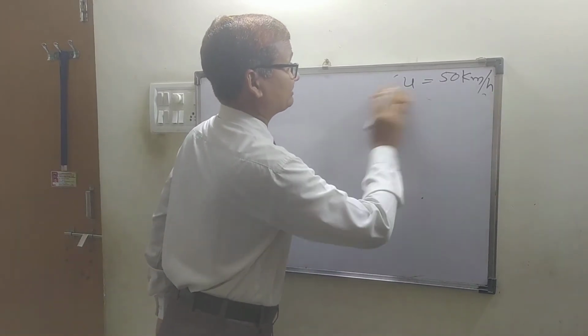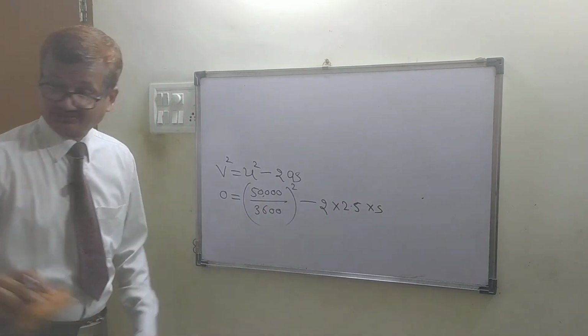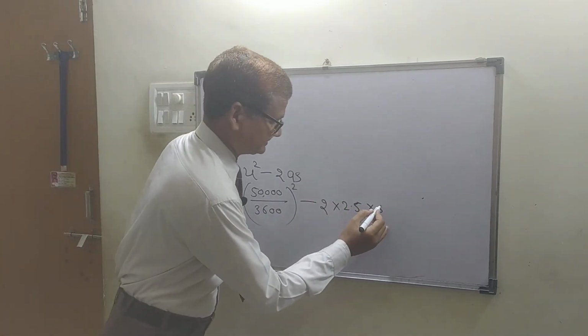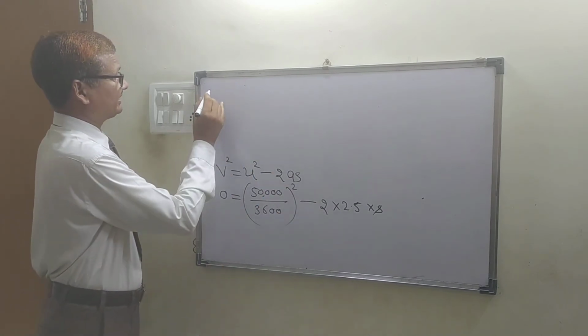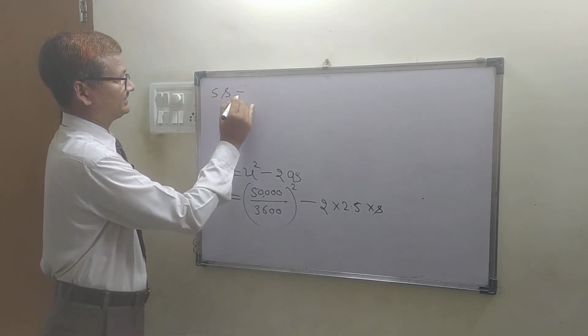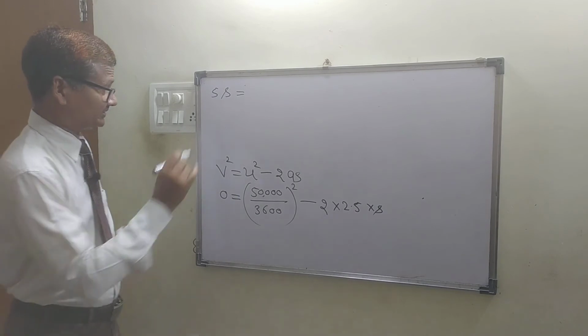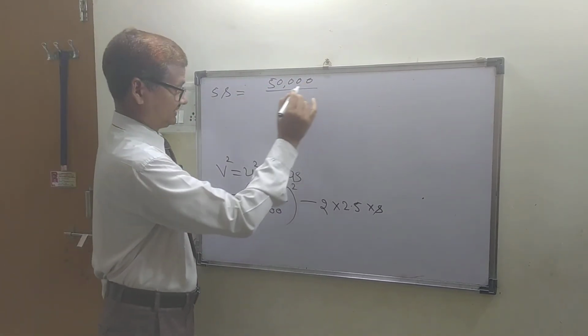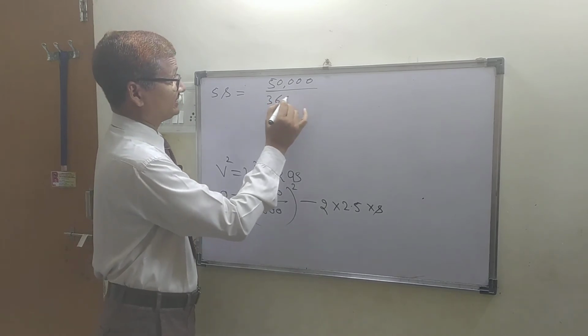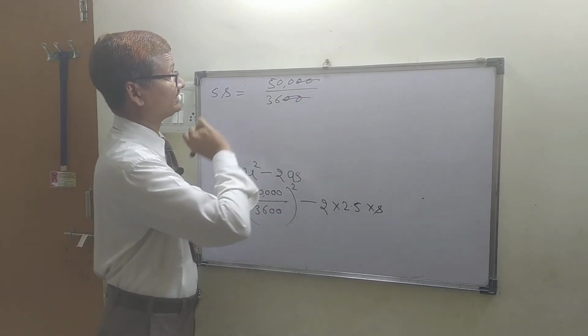We have to calculate s. So therefore 2 into 2.5, 5s is equal to 50,000 upon 3,600.